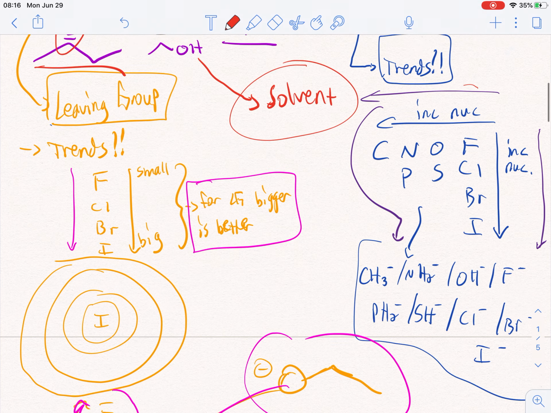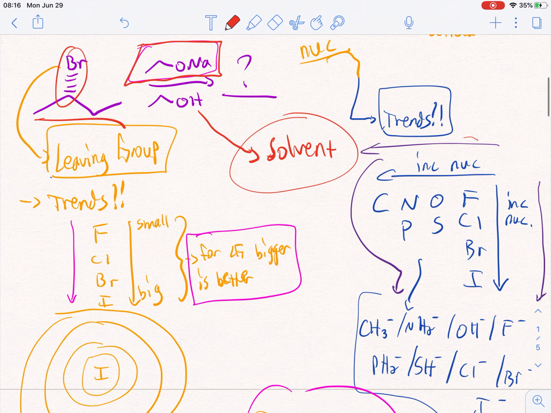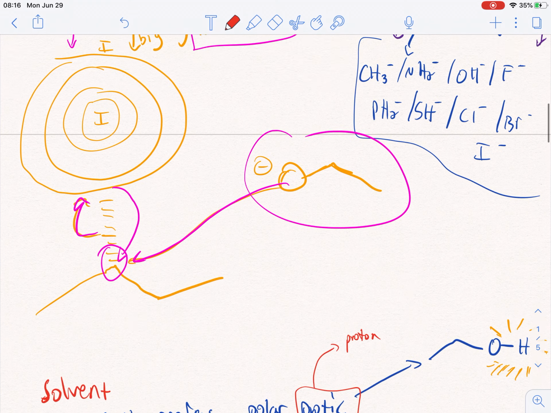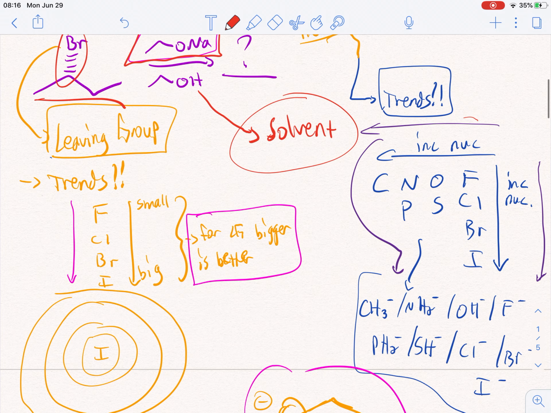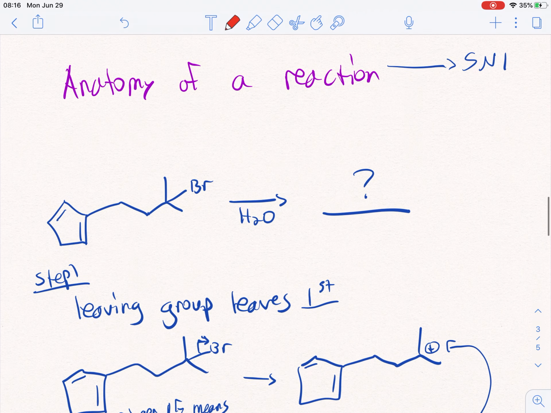The periodic trends don't change depending on the reaction. They stay the same. What does change is what the reaction prefers. But let's go to SN1.